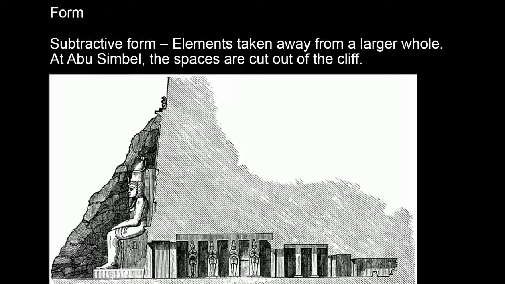But right now what we're studying is subtractive form. The idea here is that they took a mountainside, sculpted these forms, and then created these tunnels. I can't remember if it was a temple or a mausoleum. But there you have an example of somebody subtracting away from something to create architecture. Okay?